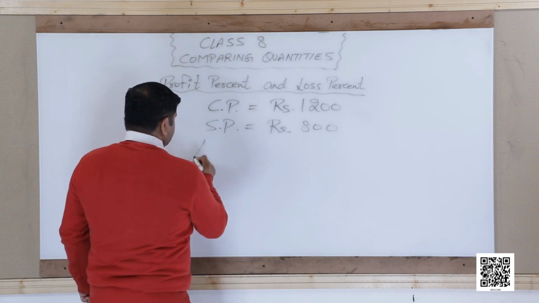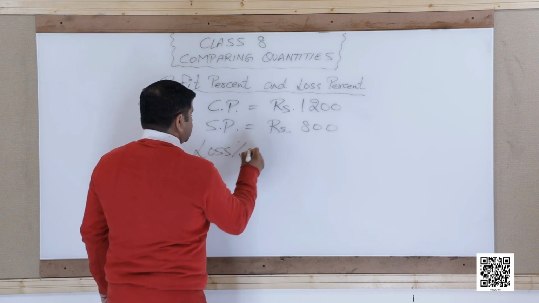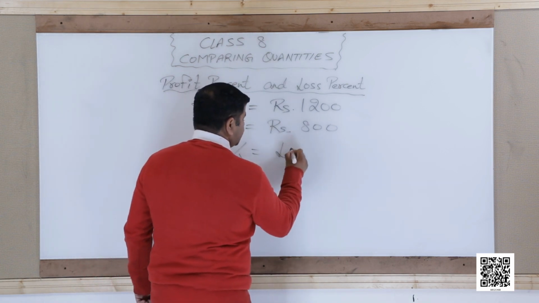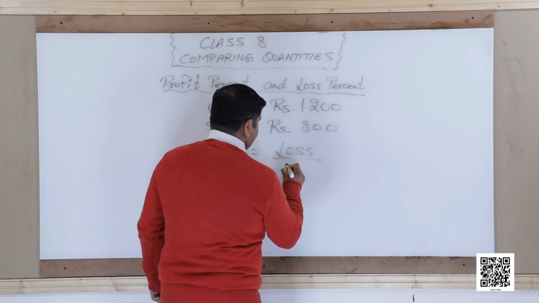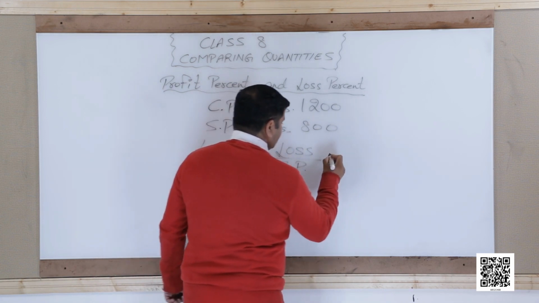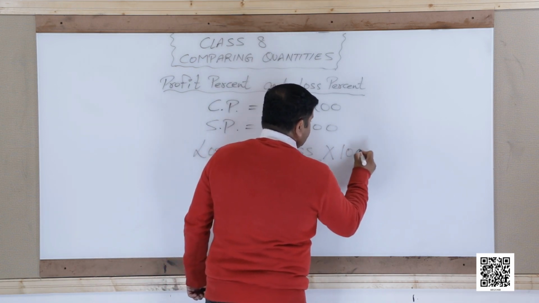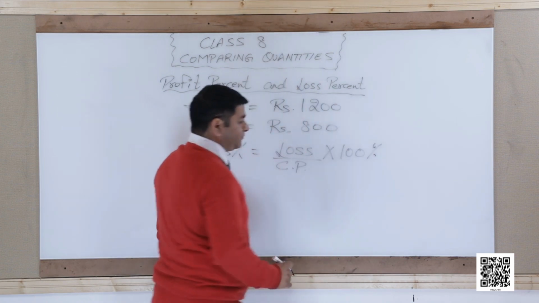Now his loss percent will be, the formula is loss divided by CP, that is cost price, multiplied by 100%.